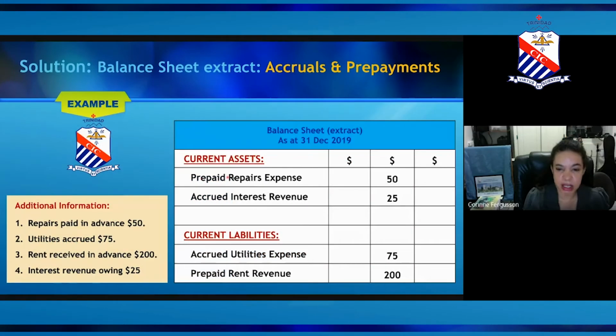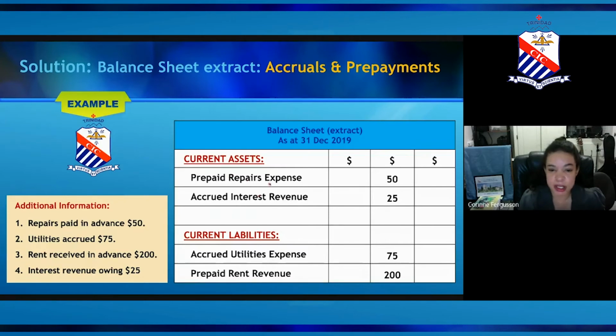So it's prepaid repairs. You have to be specific. You don't have to put the expense in terms of space, but you have to put prepaid repairs. So I'm going to emphasize again, you cannot put prepaid expense or accrued revenue and just put the amount. You're not going to get it correct.